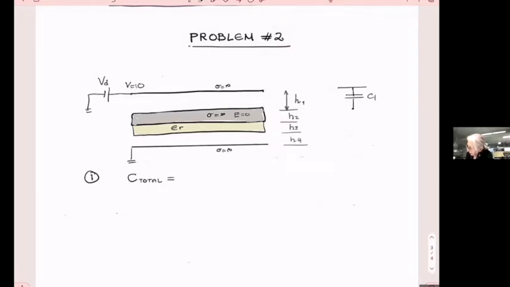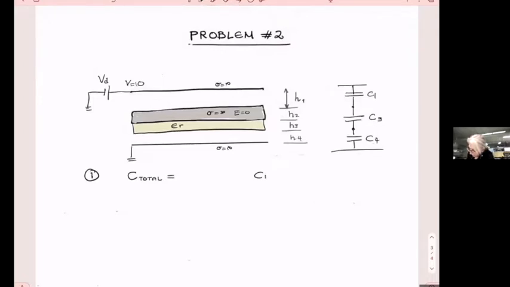So practically for H2 we'll have 0, then H3 is another one. And then for this part H4 is another one, where 1 over C total is going to be 1 over C1 plus 1 over C3 plus 1 over C4.